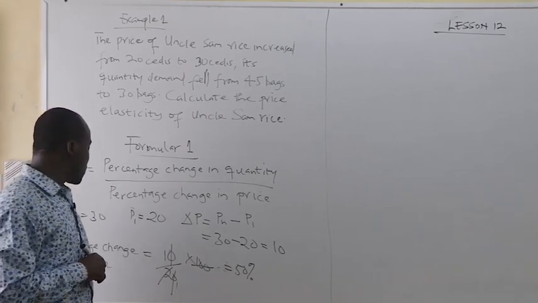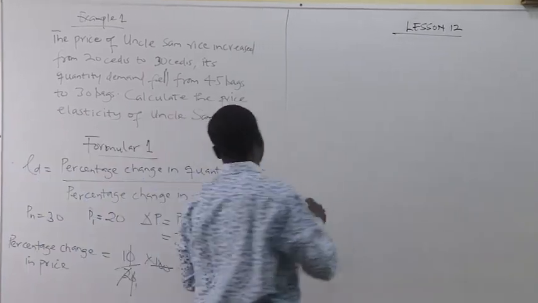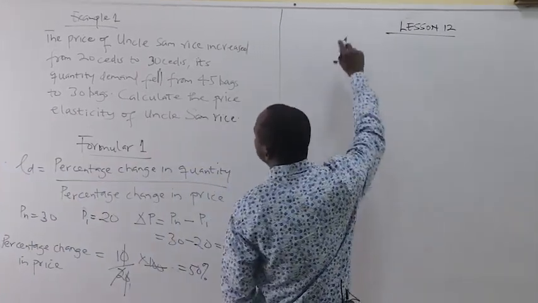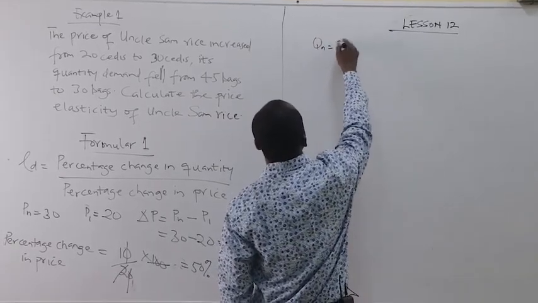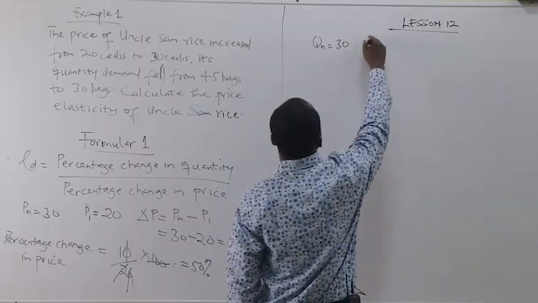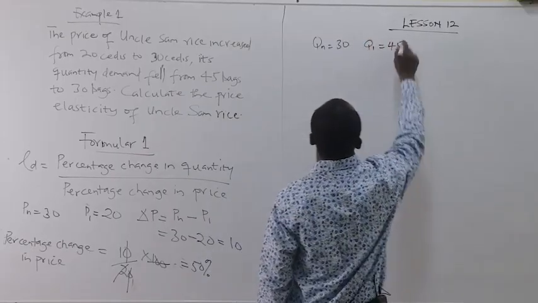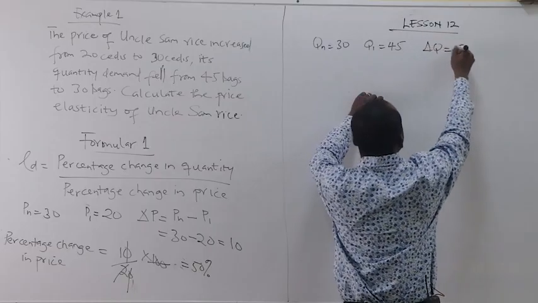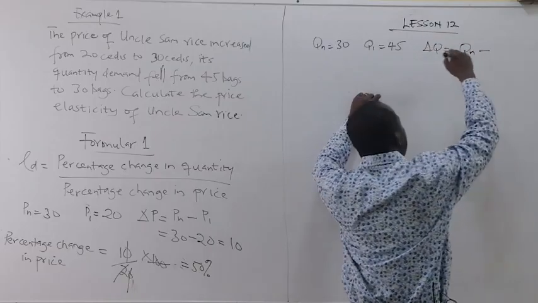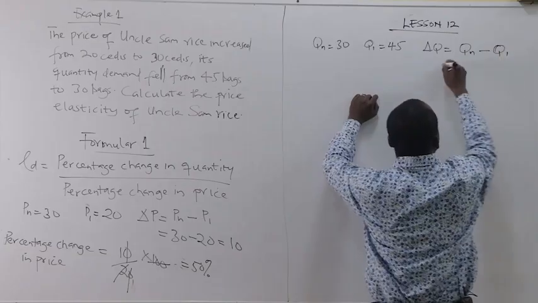Let's find out the percentage change in quantity demanded. So the percentage change in quantity demanded, what's the new demand? The new demand is 30. The initial demand is what? 45. What's the change in quantity? The change is the new minus initial.